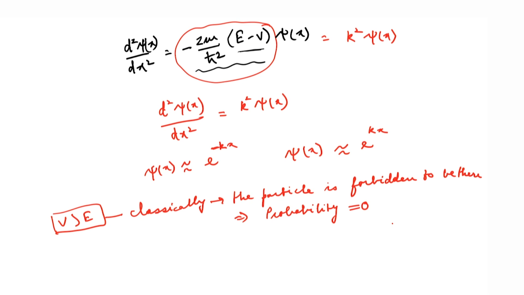So, what you will expect is that the wave function will decay exponentially down to 0 instead of abruptly going to the 0 value. So, the correct physical solution in this case will be this one, where my wave function decays exponentially with x.